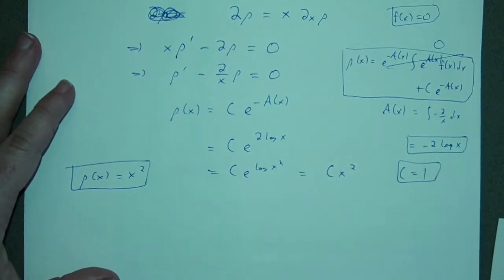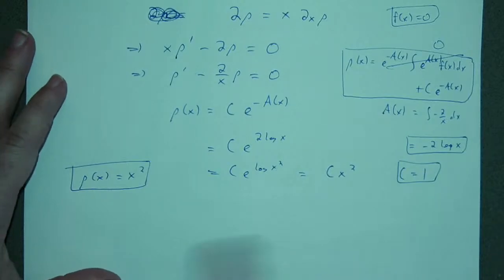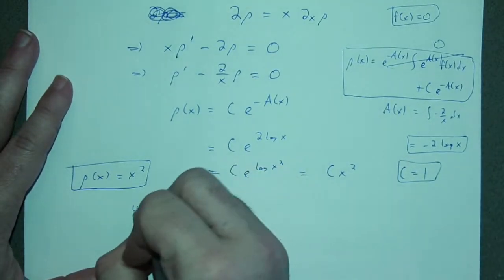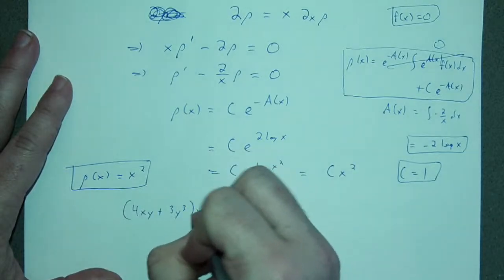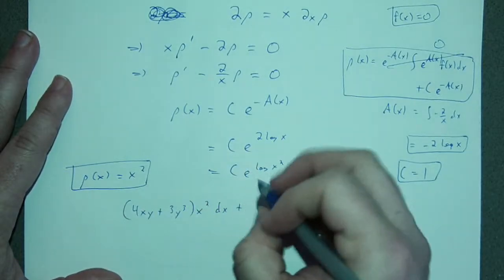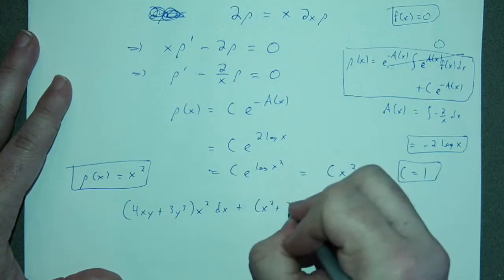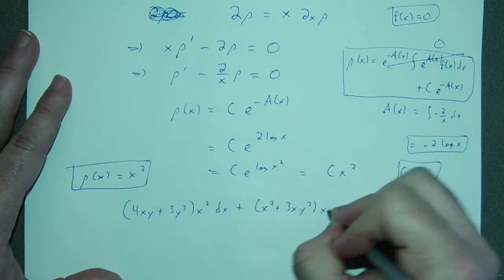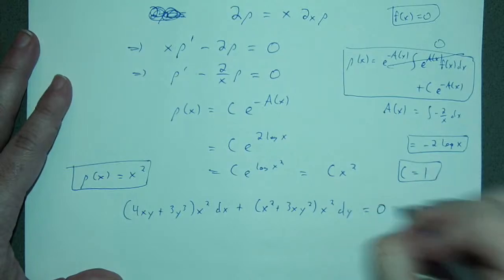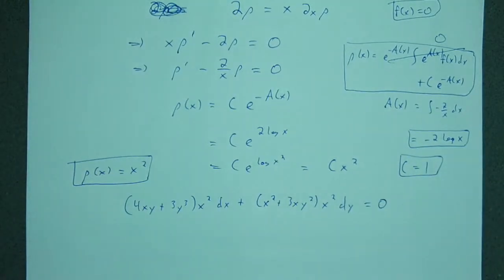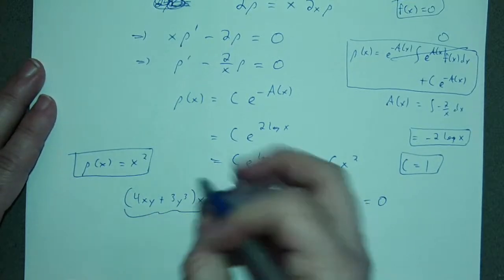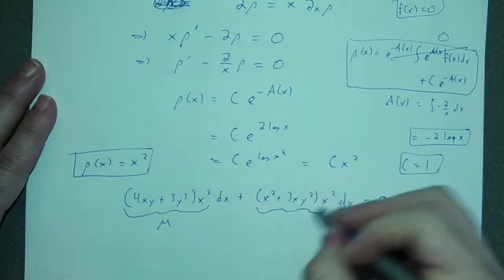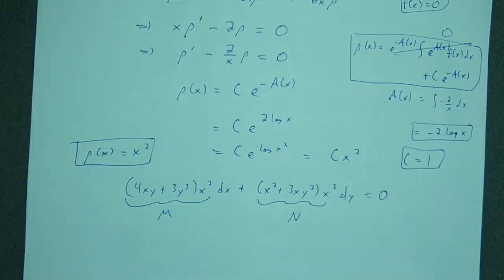I get 4xy plus 3y cubed times x squared dx plus x squared plus 3xy squared times x squared dy is equal to 0. So this thing should be exact. Well, let's just check. So here's my M and here's my N. If I've done this properly, this should be exact.